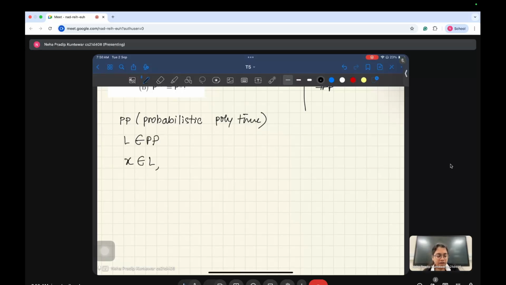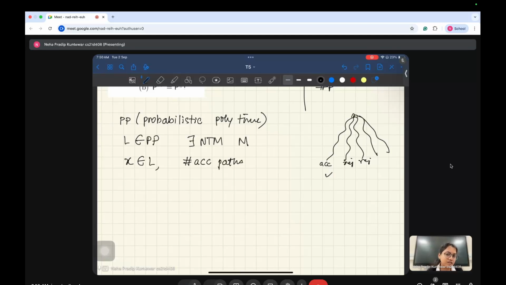If X is in the language, then there is a non-deterministic Turing machine M such that the number of accepting paths... Notice that when you have a non-deterministic Turing machine, you have several computational paths in the tree, and the idea is that if one of them accepts, then we accept. It doesn't matter what the others say. If all of them reject, then we reject.